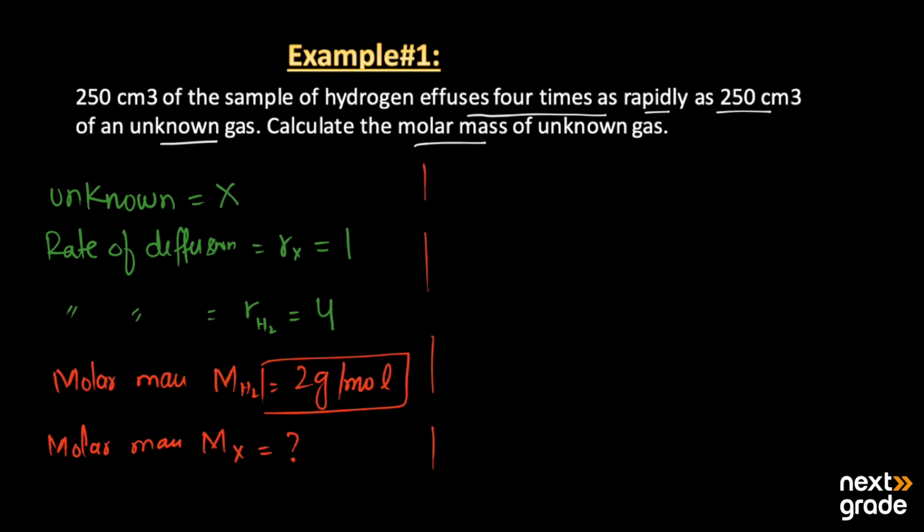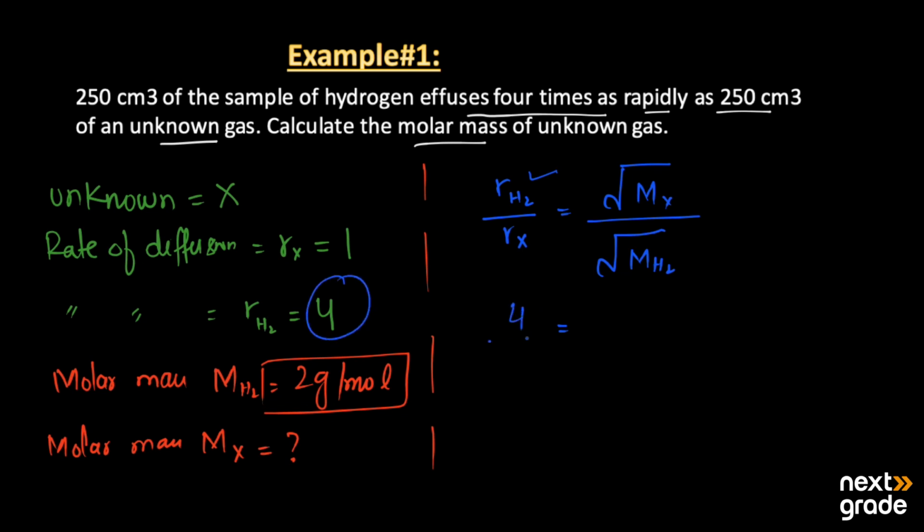We will apply the simple relationship of Graham's law: the rate of diffusion of hydrogen divided by the rate of diffusion of the unknown gas is equal to the square root of the molar mass of the unknown gas divided by the square root of the molar mass of hydrogen. So here we have the rate of diffusion of hydrogen, 4, divided by the rate of diffusion of the unknown gas, 1, and the molar mass of the unknown gas is M_X, and the molar mass of hydrogen is 2.